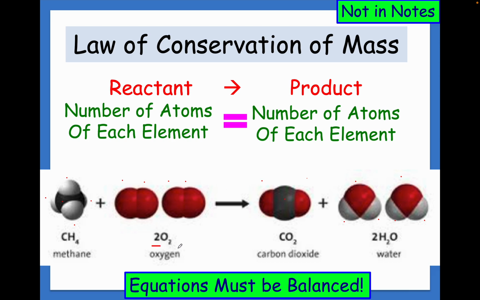You'll notice that there's a 2 in front of oxygen because we had 2 molecules of oxygen. We had to add in another molecule of oxygen for every 1 molecule of CH4, and that's kind of what we're getting to, the next theme of the next couple of weeks. We had 2 oxygen molecules for every 1 methane molecule.